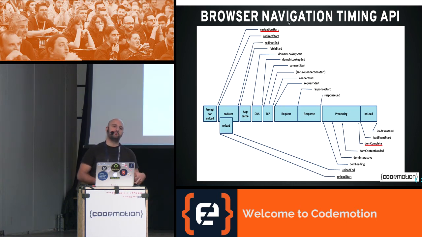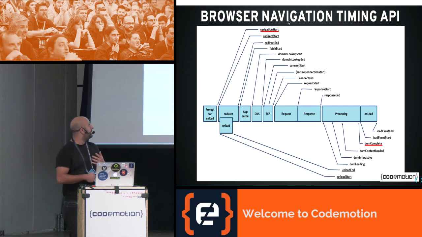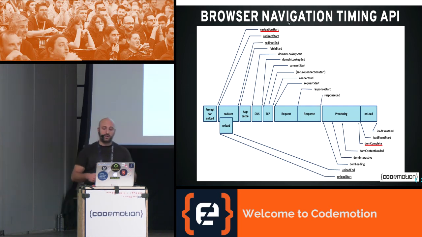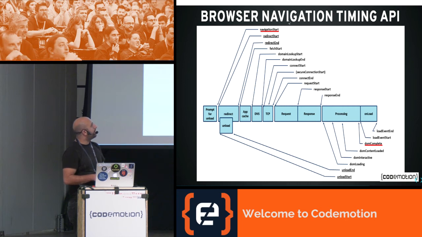And it basically allows me to know how much time every part of my page rendering process takes. So say, for instance, I can keep track of the time it takes for the response to start downloading in the browser. I can keep track of the time it takes for the DOM to become interactive.